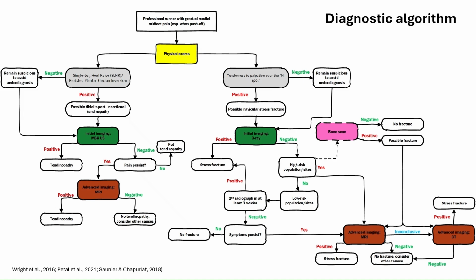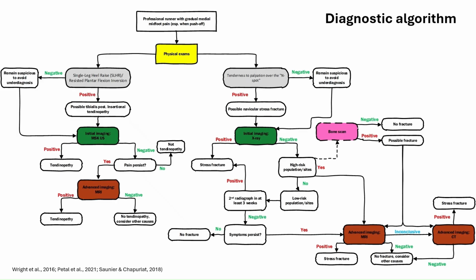MRI is a gold standard for diagnosing most stress fractures because it can detect bone marrow edema and medullary changes in the very early stages, before a clear fracture line develops. A negative MRI can effectively rule out stress fracture.